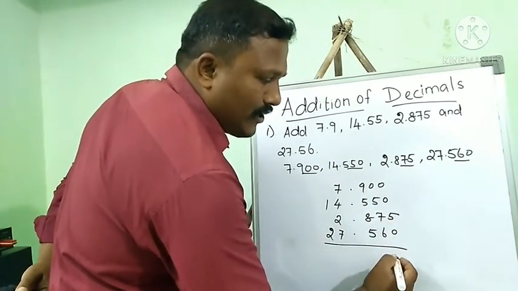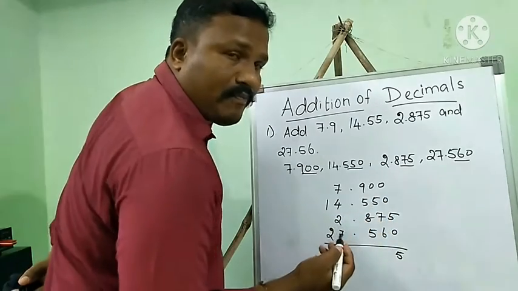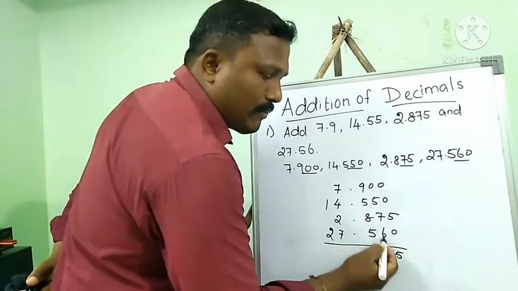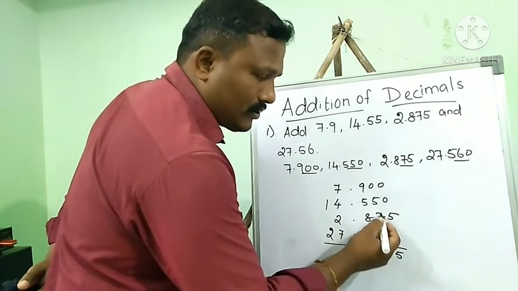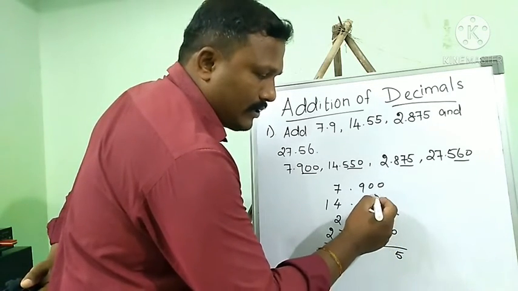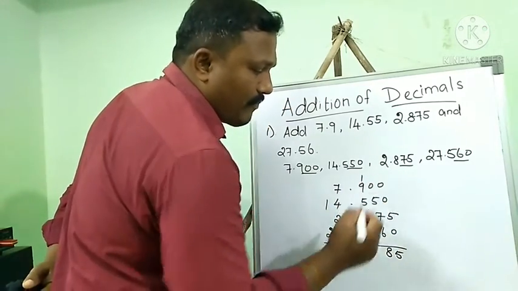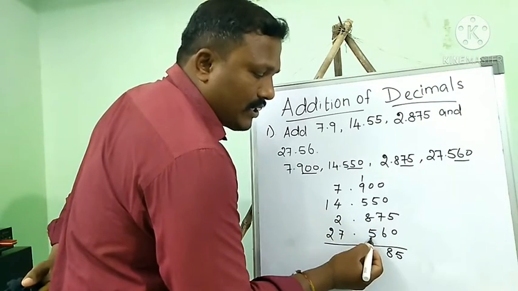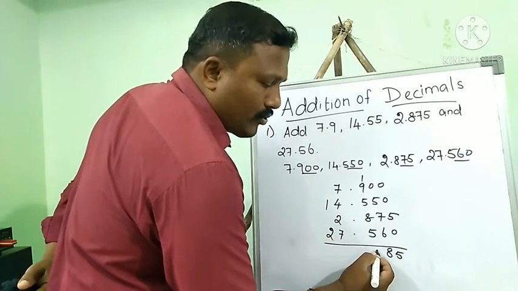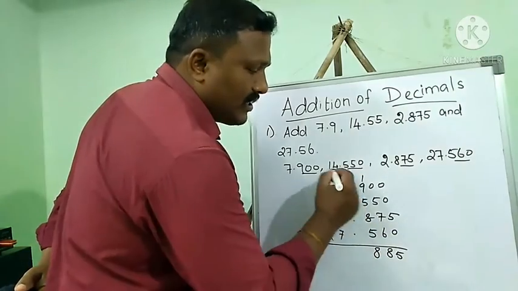So the first column: 5 plus 7 is 12, 12 plus 6 is 18. So 18, 8 with remainder 1 to carry. So 9 plus 1 is 10, 15, 20, 28. So 28, 8 here, and you carry forward the 2 to here.